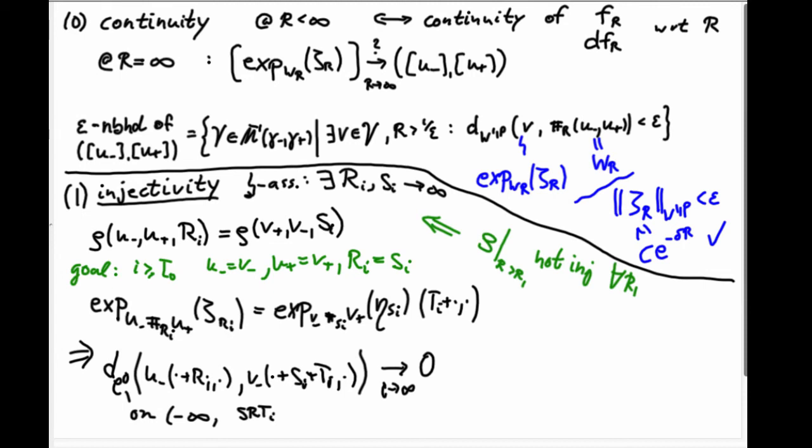So let's see what else we get here. u minus on some intervals gets very small, and I get the same thing for u plus, just shifted in another direction, close to v plus, and that will be on an interval that somehow has to do with that same constant SRTI up to infinity.